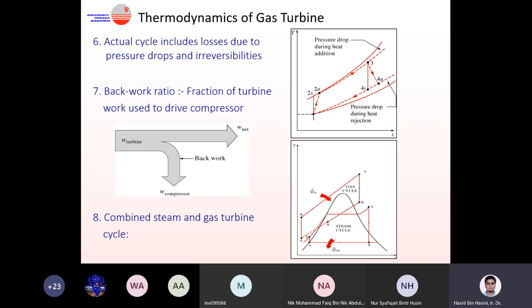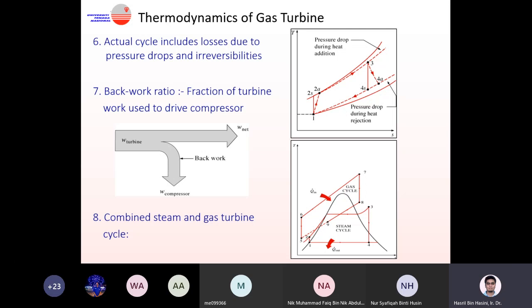So from 1 to 2 here, we have an increase in entropy, no longer isentropic. 3 to 4 in the turbine, no longer isentropic. And you might have a pressure drop: from 2 to 3, pressure is not constant in reality. 4 to 1 also, pressure is not constant. So we call that irreversibility. I think you have done this in Thermo 1, or maybe Thermo 2 as well.